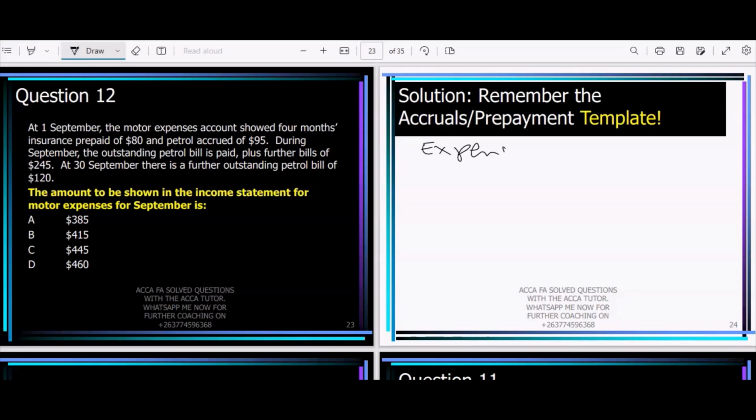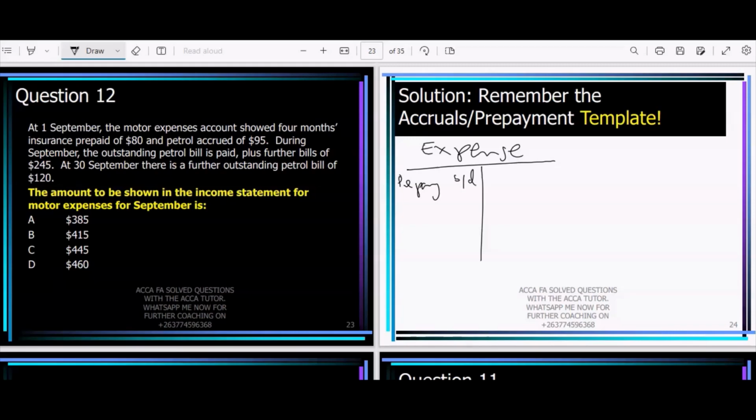So for an expense, you just have to have a T account like this. If there's been some prepaid expenditure, we are going to have the prepayment balance BD here.